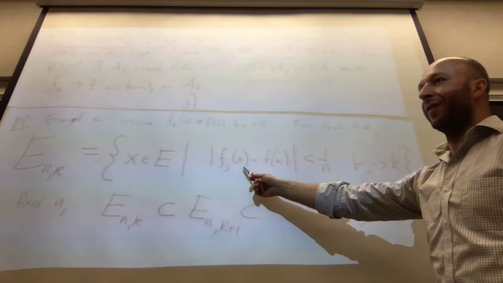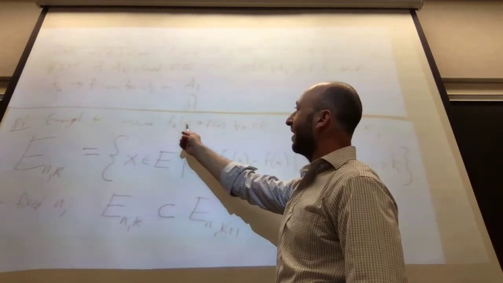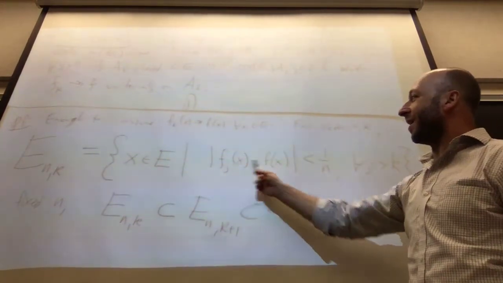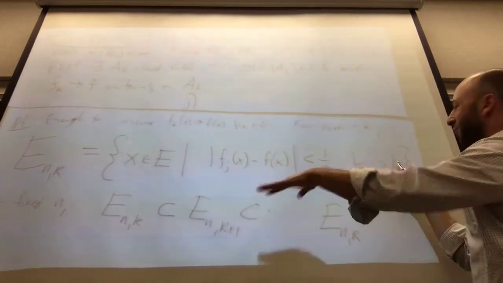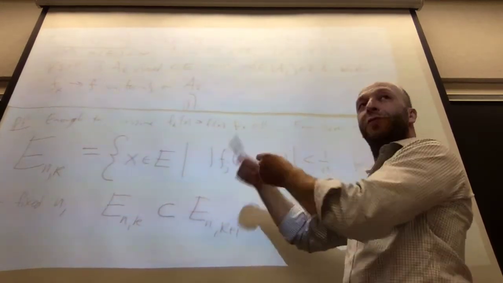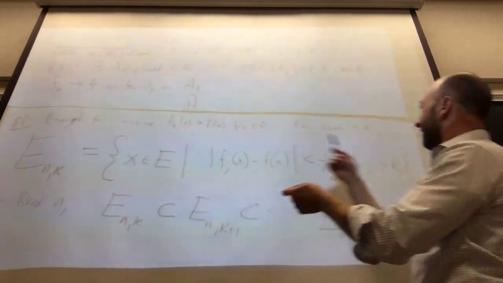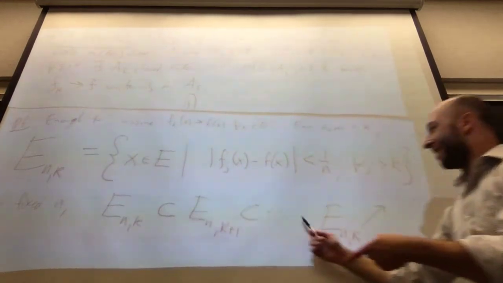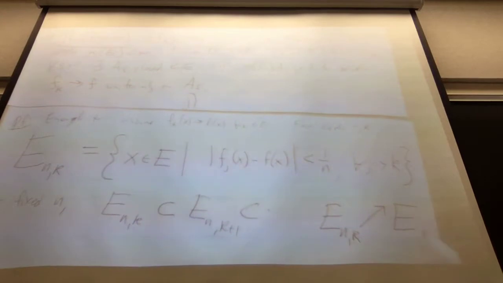It's all of E, because what we just said is that f_k(x) goes to f(x) in E. For any given x, we don't have uniform convergence, but we do have convergence. There's some value after which we're always within 1 over n, and this is capturing that value at every point x. So that's going to go all the way up to E.